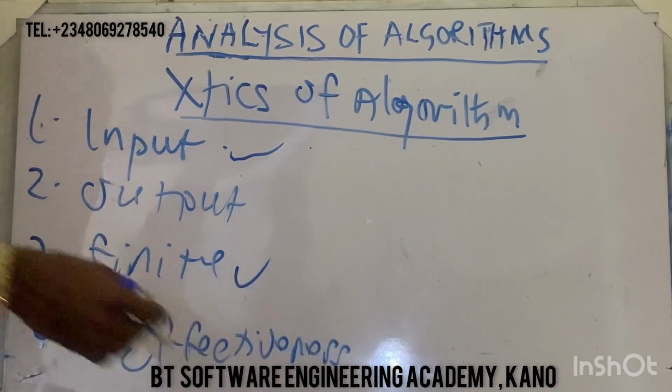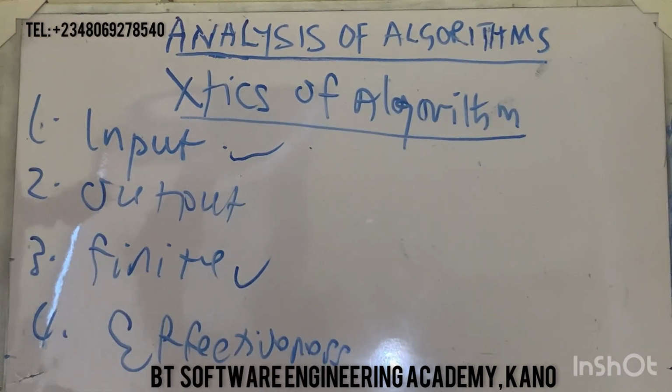Effectiveness. An algorithm must be very effective, in such a way that even a layman can understand what you write or address.